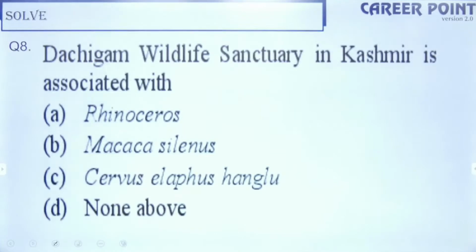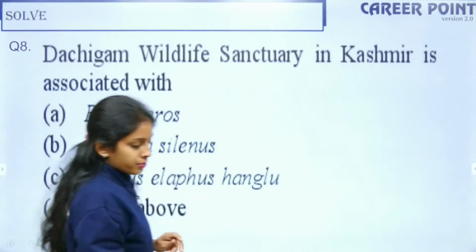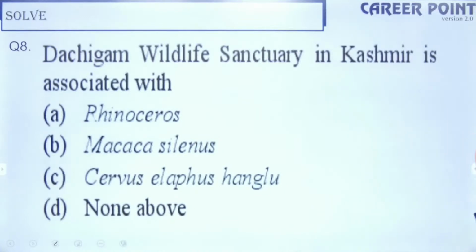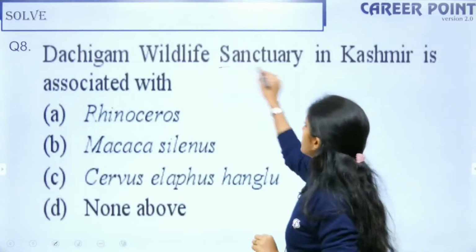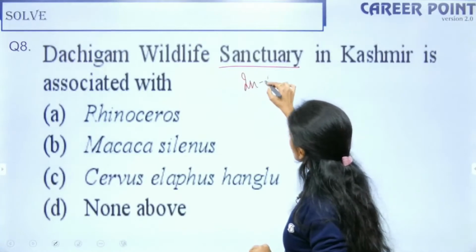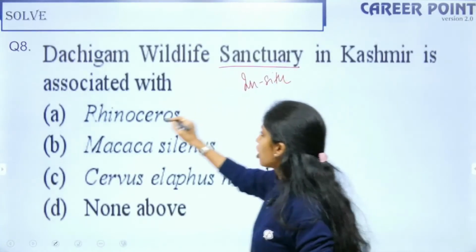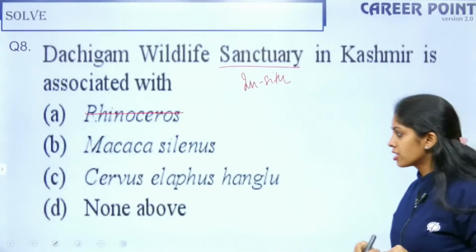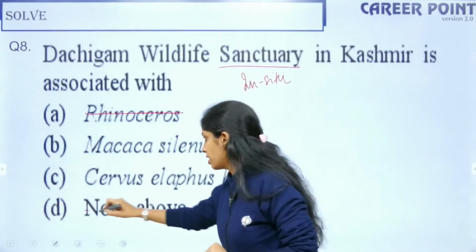So last question. Dachigam Wildlife Sanctuary in Kashmir is associated with which of the following? Dachigam Wildlife Sanctuary is a type of in situ conservation. So definitely it is not rhinoceros because we know it is Kaziranga National Park. So none of the above cannot be the answer.